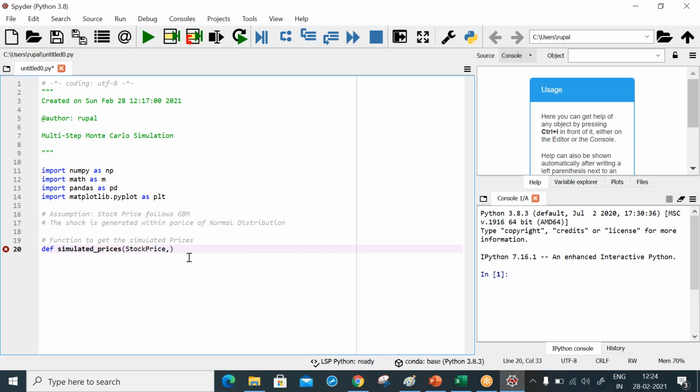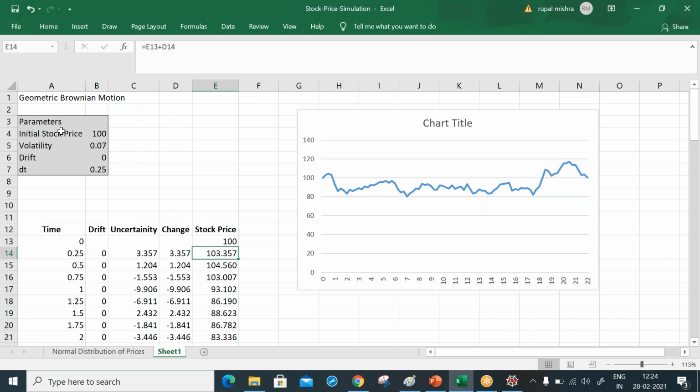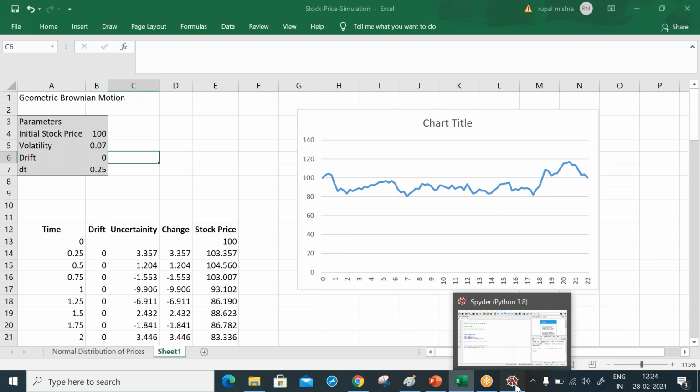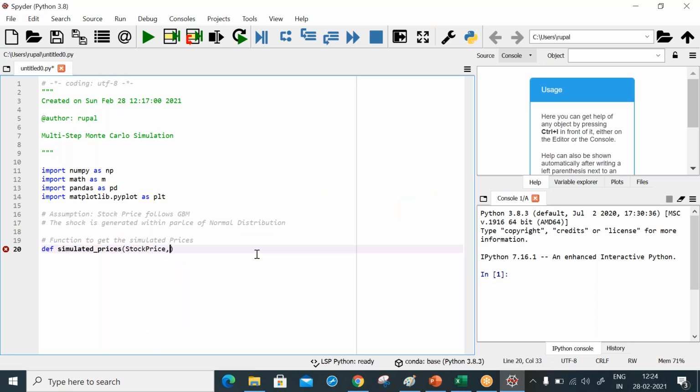When we call this function at a later point of time, we will put in the values of these variables, our parameters, at the end. Right now we will take them as they are. Stock price. I will take risk-free rate. I will tell you what the risk-free rate is and why we take it. And then volatility.